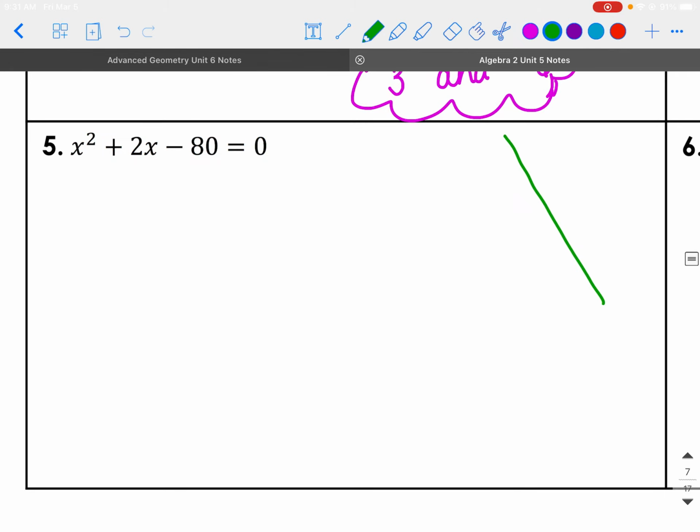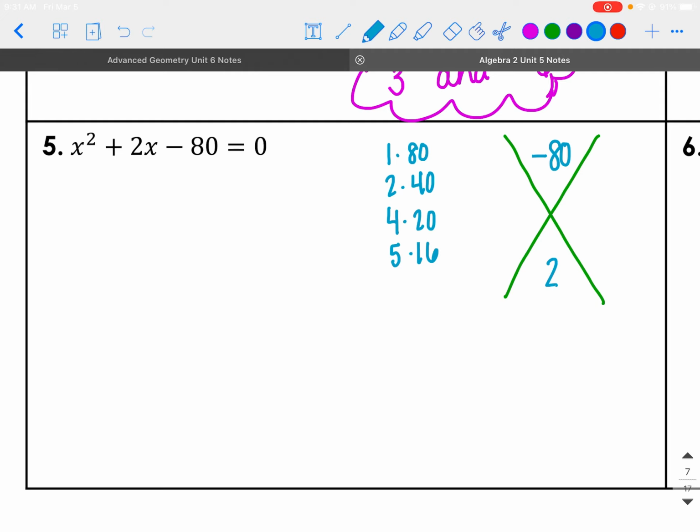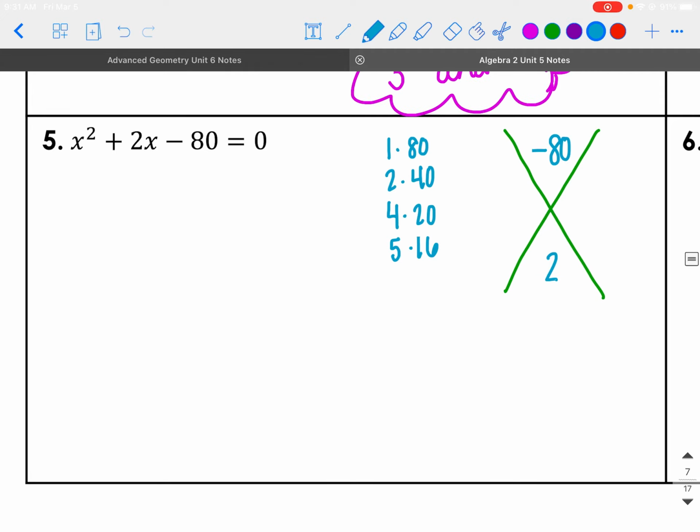Number 5. 2 numbers that multiply to be negative 80, but when I add them, I get 2. All right, so 80, 1 and 80, 2 and 40, 4 and 20, 5 and 16, 8 and 10.